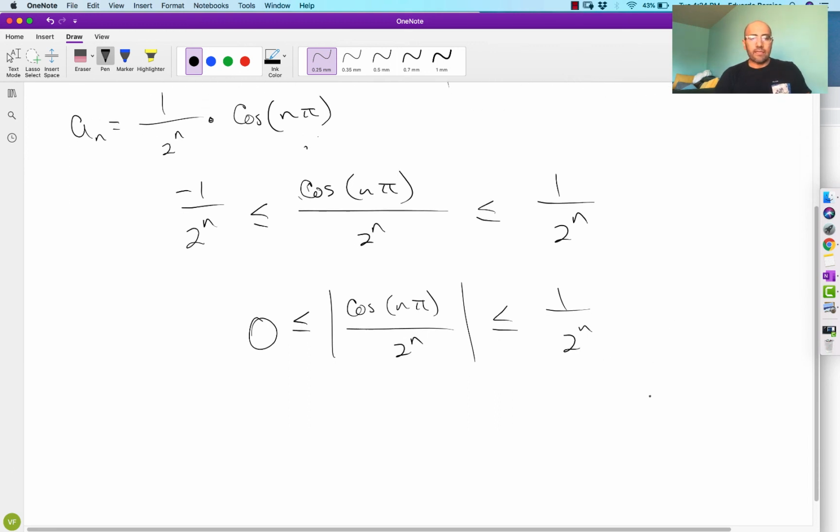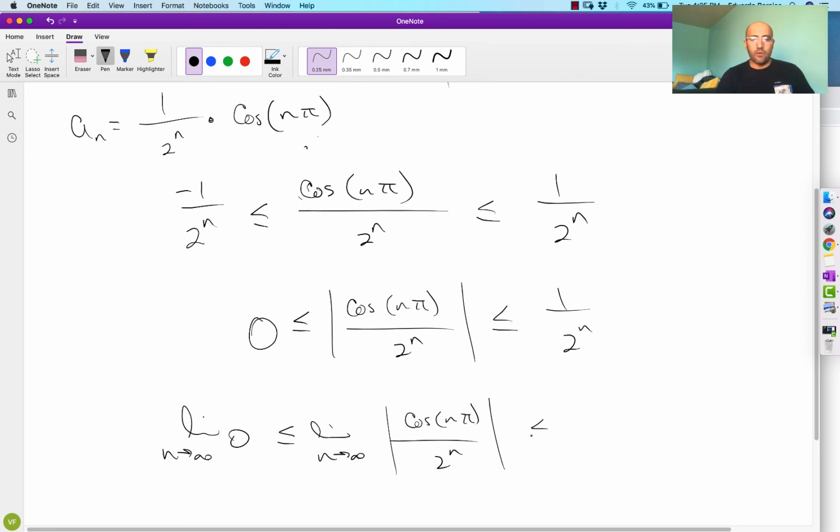Now if we think about the limits, the limit as n goes to infinity of 0 is less than or equal to the limit as n goes to infinity of the absolute value of cosine of n pi over 2 to the n, which is less than or equal to the limit as n goes to infinity of 1 over 2 to the n.